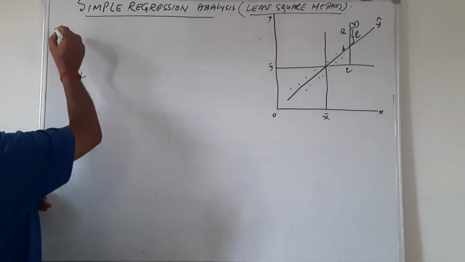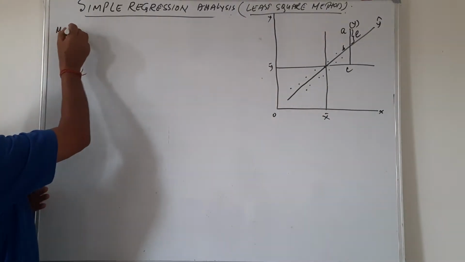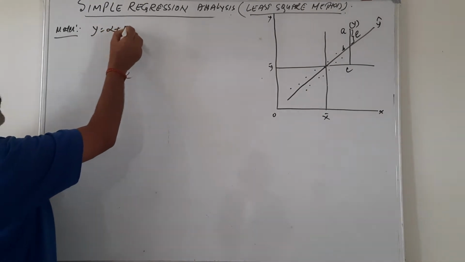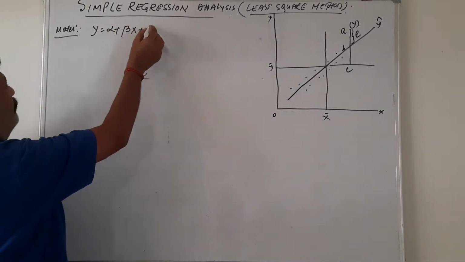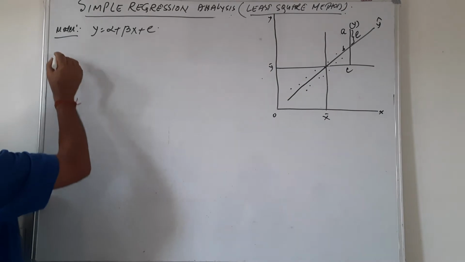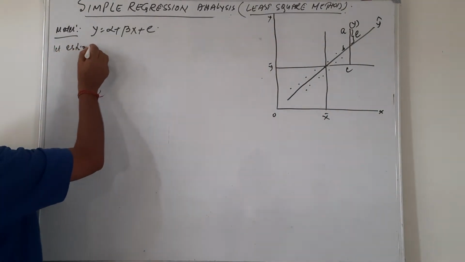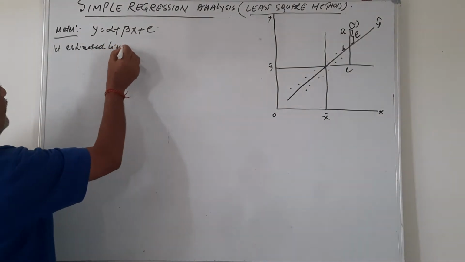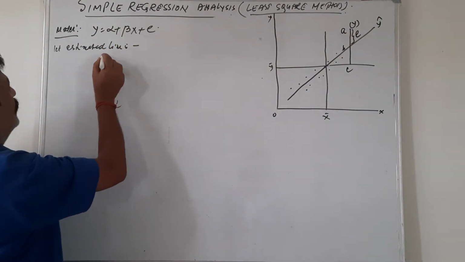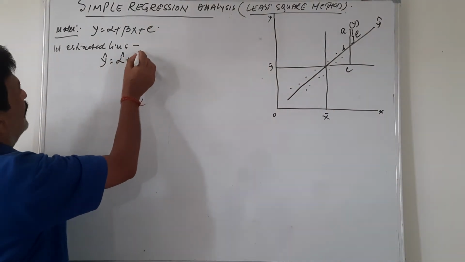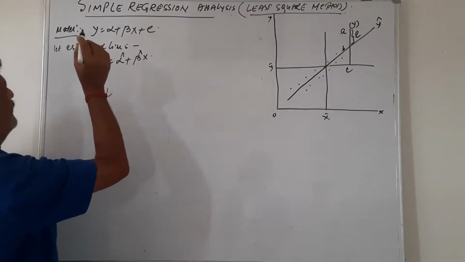Let the model be y equals alpha plus beta x plus e. Let the estimated line be y cap equals alpha cap plus beta cap x.